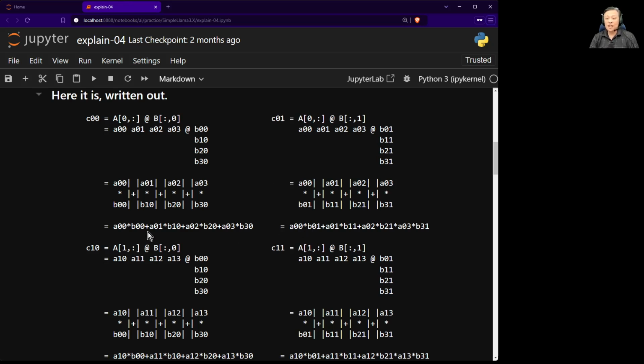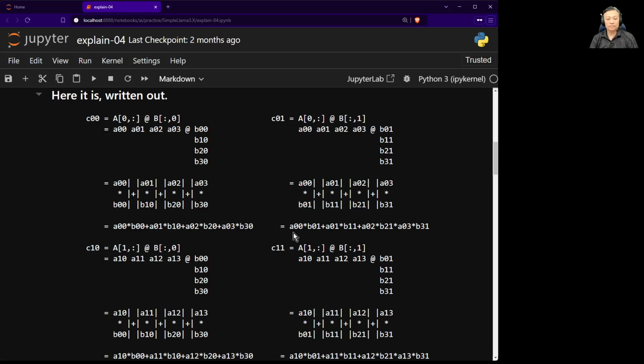In other words, c dot grad at position 00 times b at cell 00 and c dot grad at position 0 comma 1 times b at position 0 comma 1.